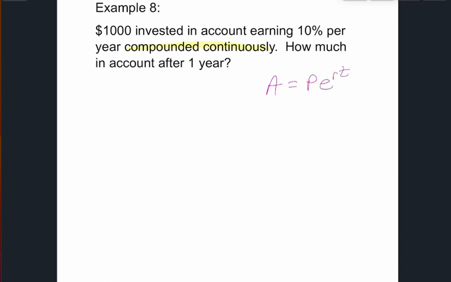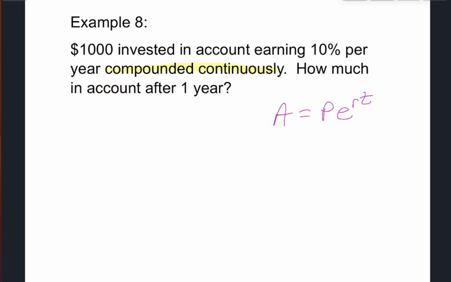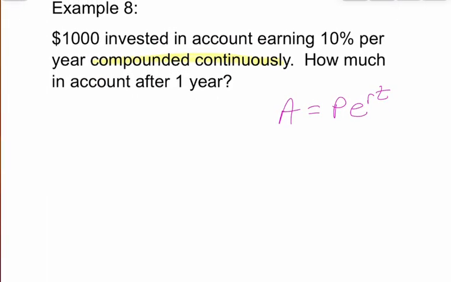So if it says compounded continuously, that is your main key. Hey, I better use the PERT formula, okay? So first off, know that language. Now, if they say monthly, once a year, annually, semi-annually, that's the other formula. But if they use the word compounded continuously, this is the formula we want, okay?